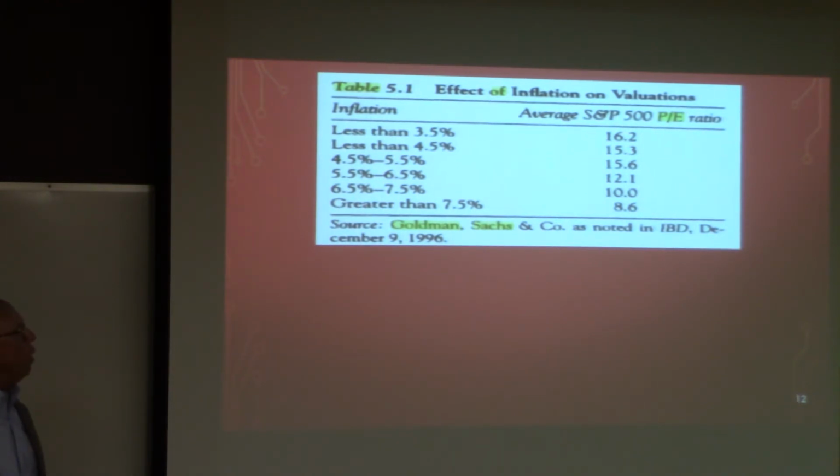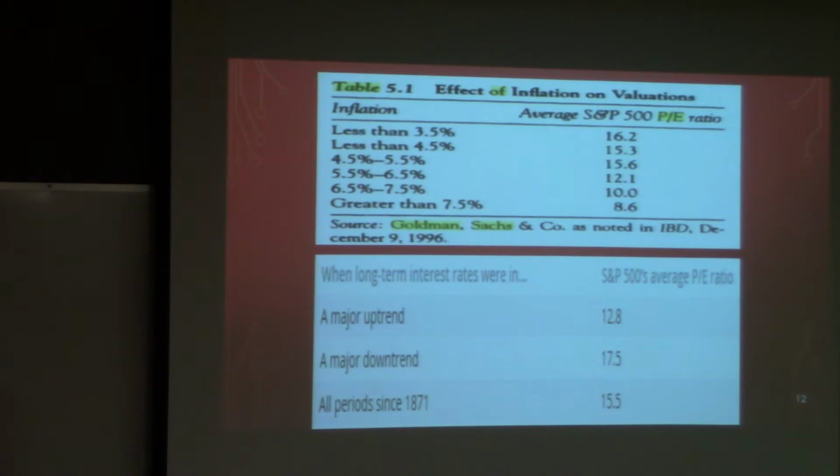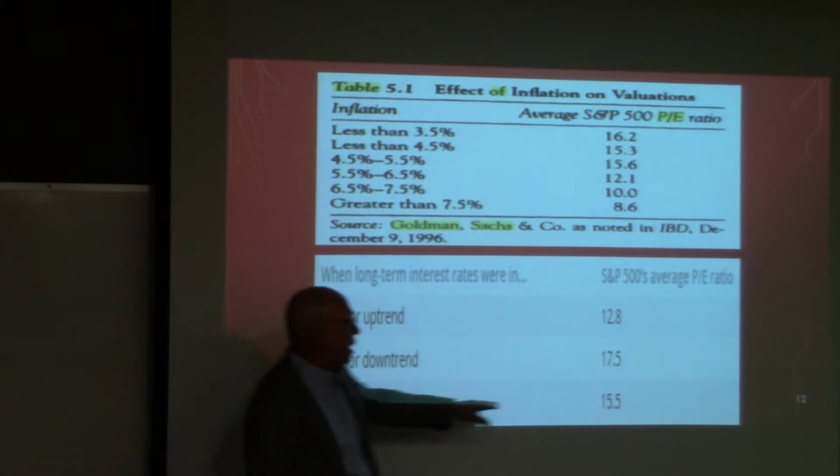Here's another way of looking at this. When long-term interest rates were moving up, the PE ratio of the S&P 500 was at 12.8. When interest rates were moving down, the S&P 500 averaged 17.5. What is the average for the last 150 years? 15.5 times.